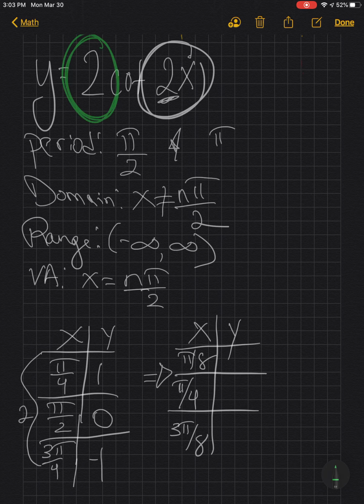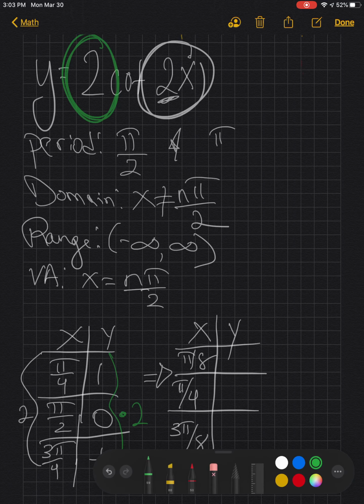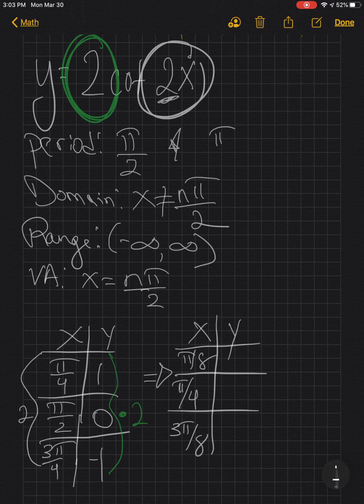Right here in green, that number in front means that all of these numbers here are going to get multiplied by that number, okay? So we're going to multiply each of those by 2 to get our new table. Here, 2, 0, and negative 2. Got it? All right, now pause the video, and I would like you to plot these points, okay?